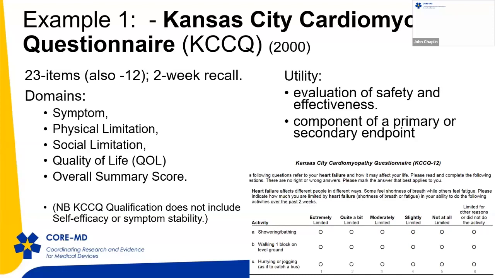What is also interesting from the documentation that they provide is that they say that the utility of the instrument is for the evaluation of safety and effectiveness, and that it can be used for primary and secondary outcomes. And this is just an example of the questionnaire from the 12-item version, which shows activities and the amount of time that one is able to perform those activities.